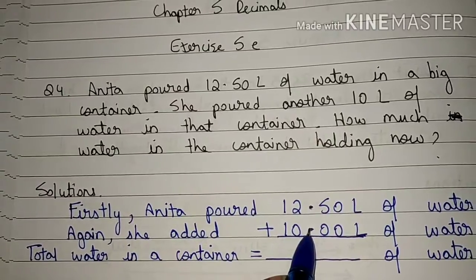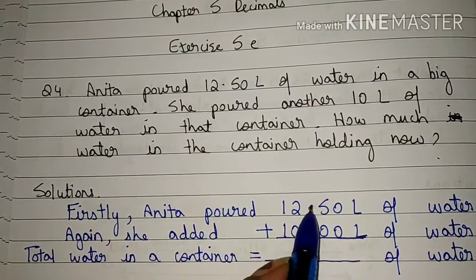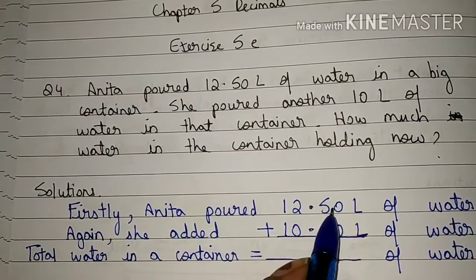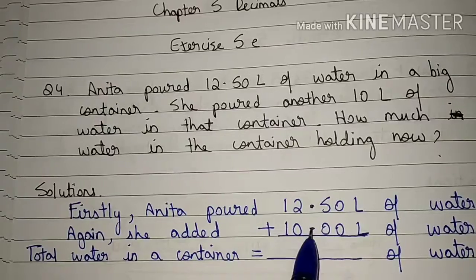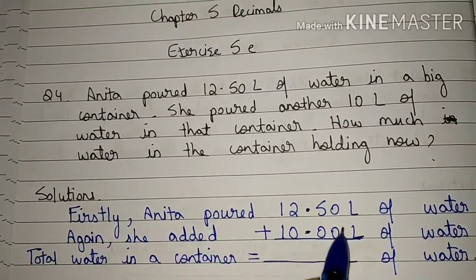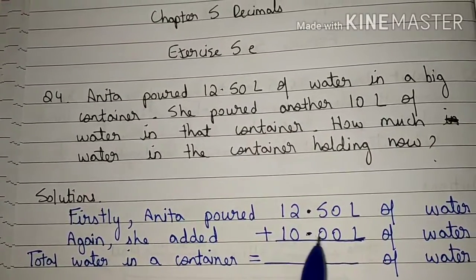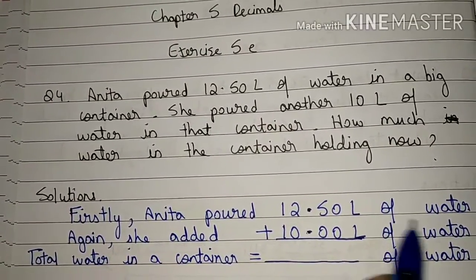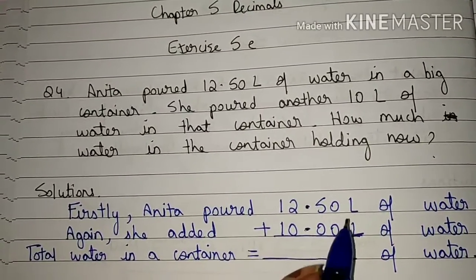So we will put a decimal point here also, and here after the decimal point 2 numbers are given to you. So to make our calculation easy, we will also put a decimal point here, and after that we will write 2 times 0. So it is 10.00 liter of water.